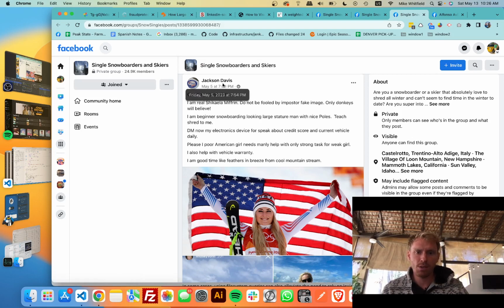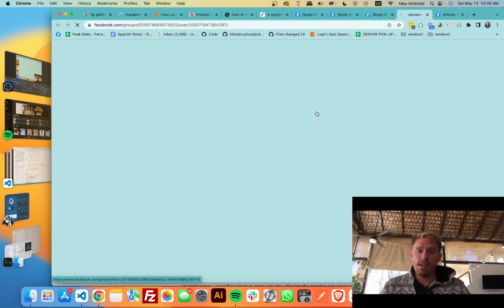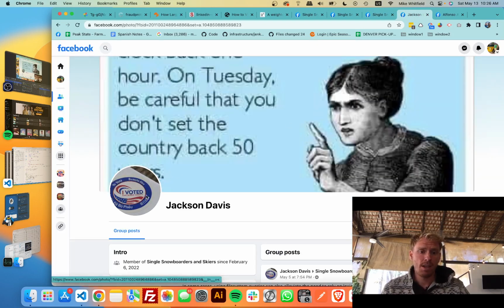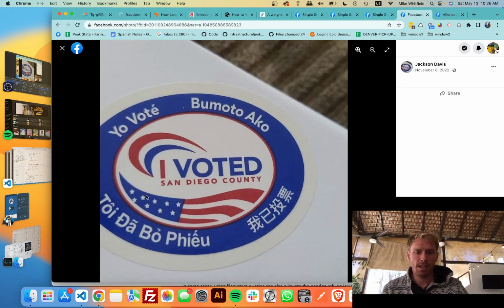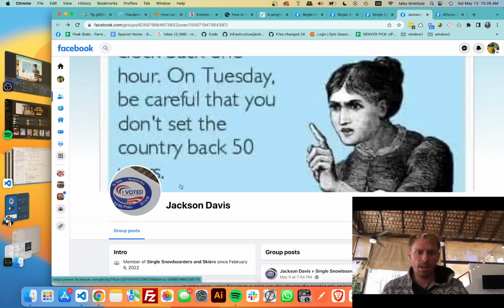It's clearly a dude's profile with a fake looking profile, and the profile image is political. It's talking about voting, and probably, I don't even know what this cover says, but this might not even be political in nature.